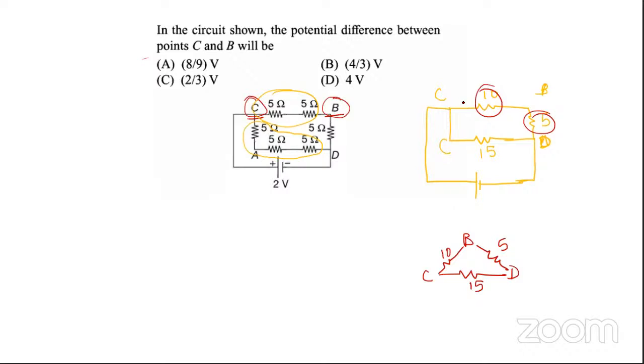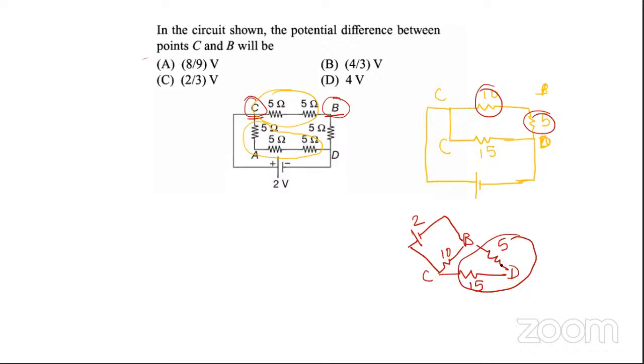And the potential is applied between C and B. So we can say something like this. Alright, and what's the value? It is 2 volts. Now we can see the D point does not matter over here.